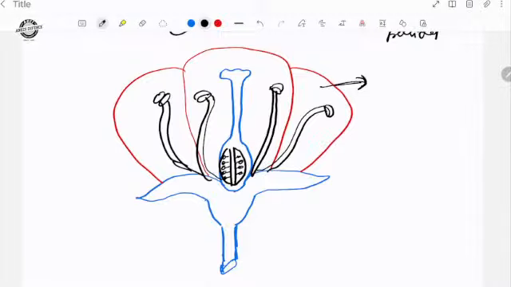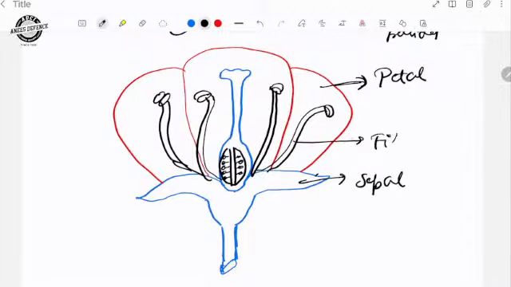This is known as petal. Only petal, not petals. Petal. This is known as sepal. This is known as filament. This is known as anther. Let me make this filament and anther here. Anther, filament.